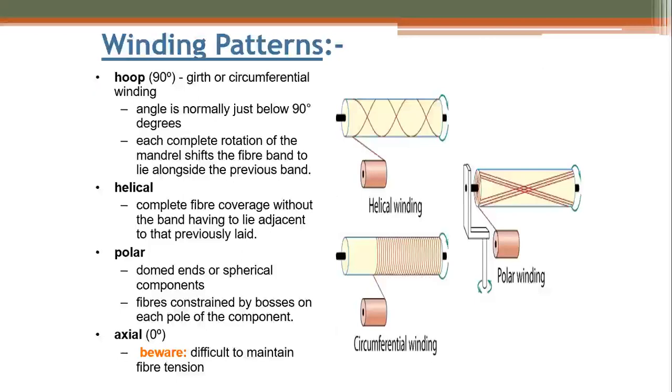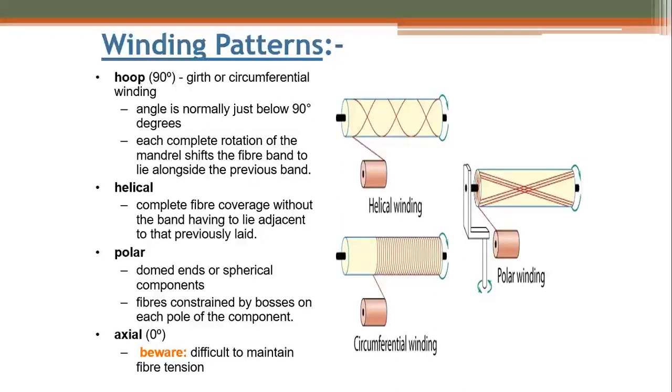These are the different types of winding patterns. The first one is the hoop winding, the second one is the helical winding, the third one is the polar, and the last one is the axial. These are divided on the basis of the angle. The hoop winding has an angle of nearly 90 degrees with the axis of the mandrel.